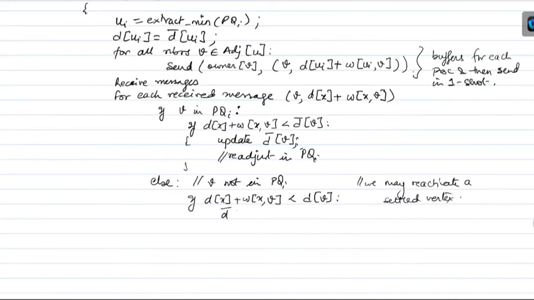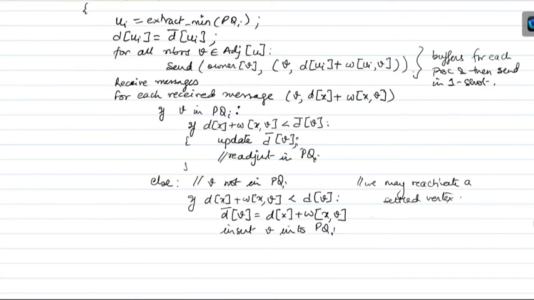You set d bar of v equal to d of x plus wxv, the received value, and you insert v into the priority queue. Clear? Again, this is a log n by p operation, because you have n by p vertices on each processor.